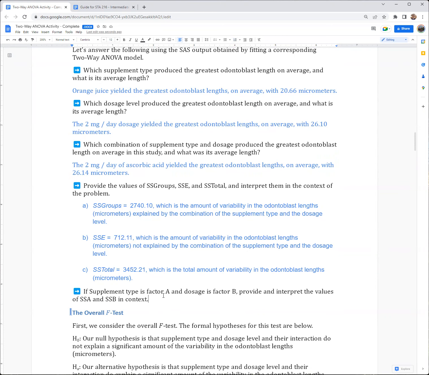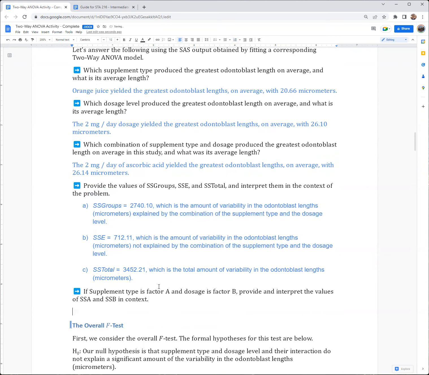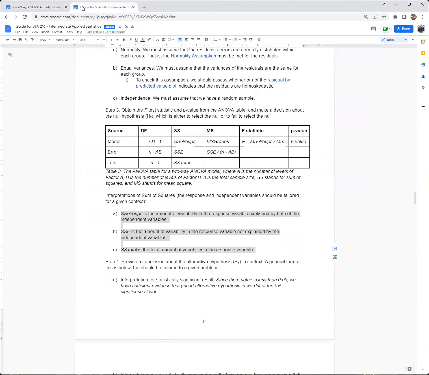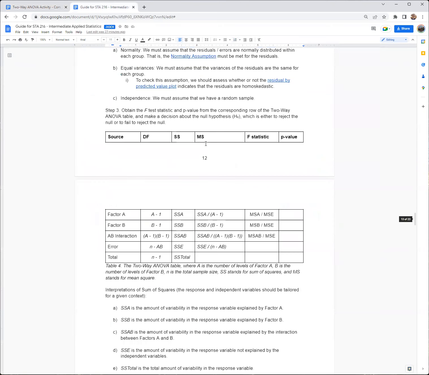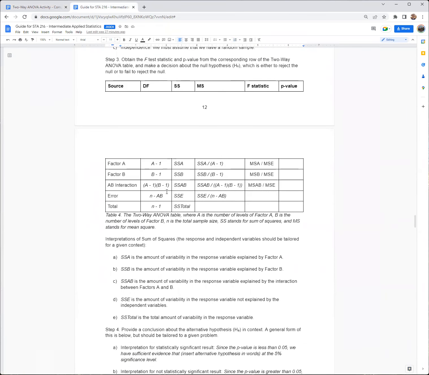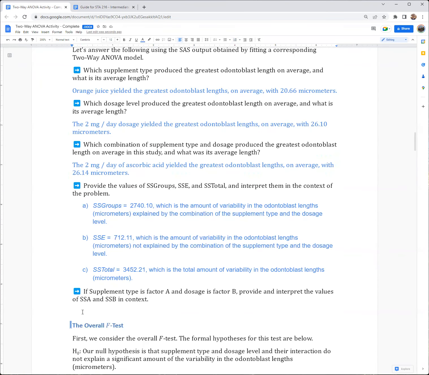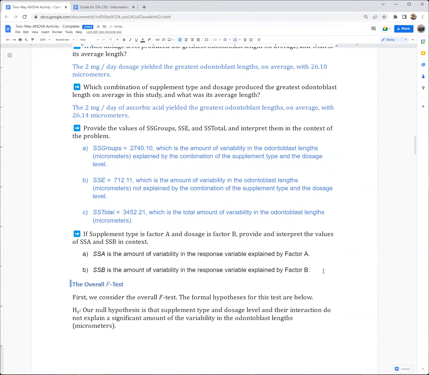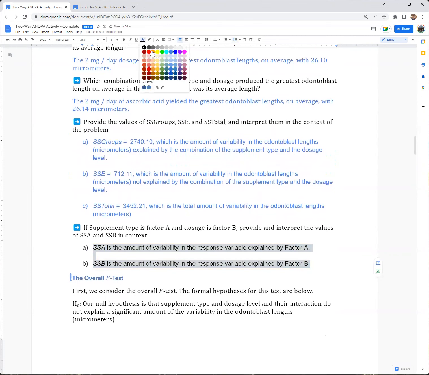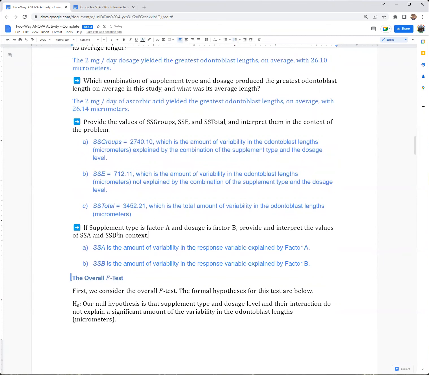This was similar to one-way ANOVA, with a little bit different interpretation for the SSE and SS groups. We also have now SSA and SSB. Okay. So we'll get those blueprint interpretations as well from the guide for Stat 216 document. And we'll update it just like before.